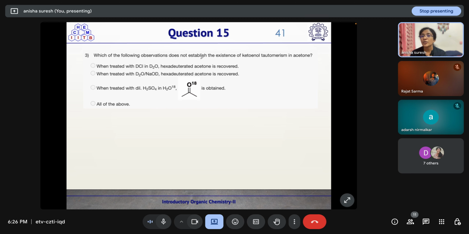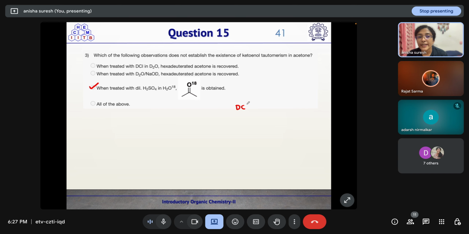One is not an example that proves it. So which one is that? Ma'am, is it option C by chance? Option C is the right answer.